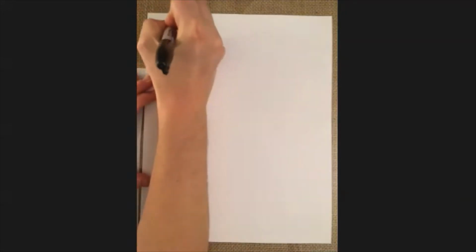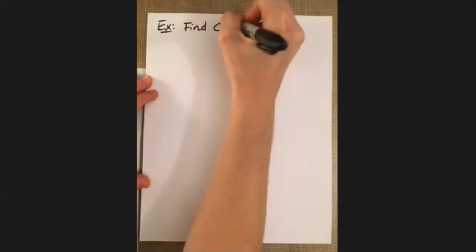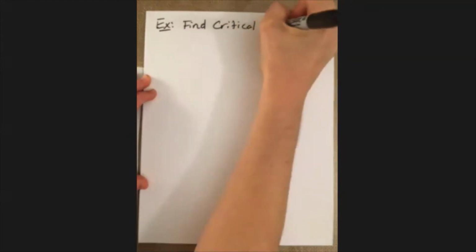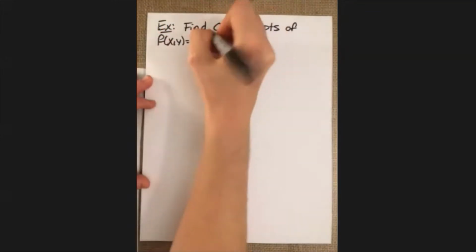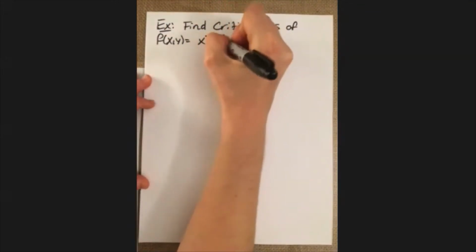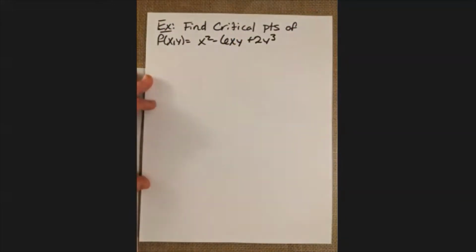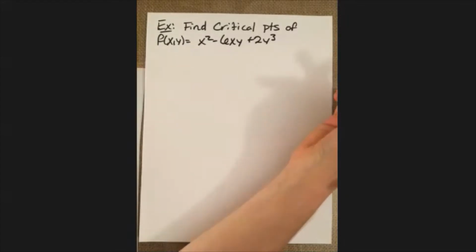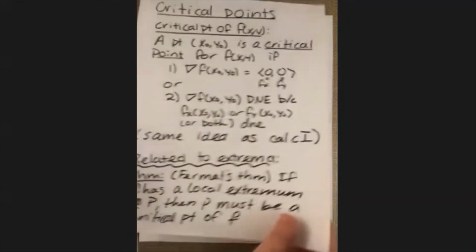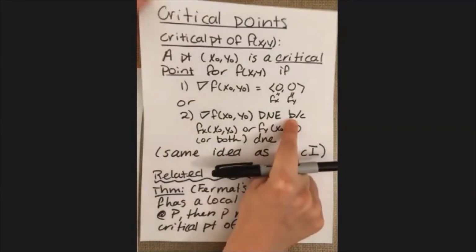So this example is going to be to find the critical points of f of x, y equal to x squared minus 6xy plus 2y cubed. Okay, so to be able to do this, we've said that critical points occur wherever the gradient is equal to 0 or the gradient does not exist.